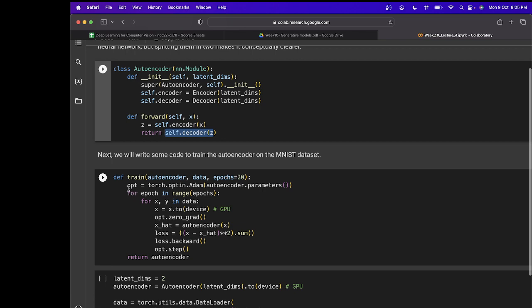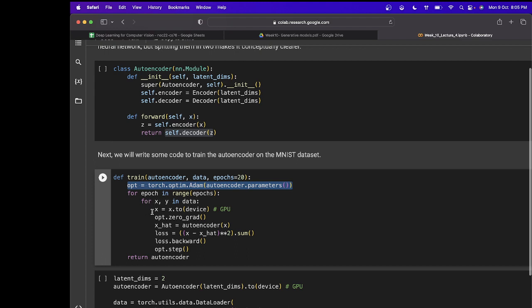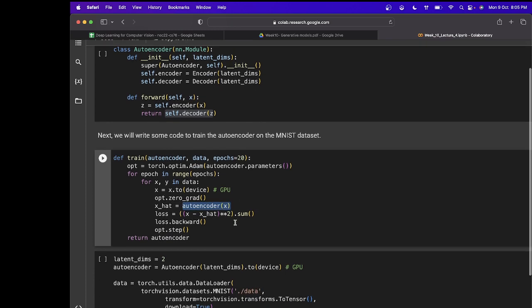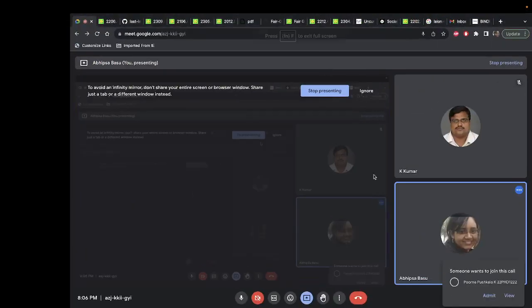You initialize an optimizer, which is Adam here, but you can try others also, no problem. Now you have this X hat, which is the predicted or generated X, which is passed through this autoencoder object, right? And the loss function, like we said, is an MSE loss between the true X and the X hat.